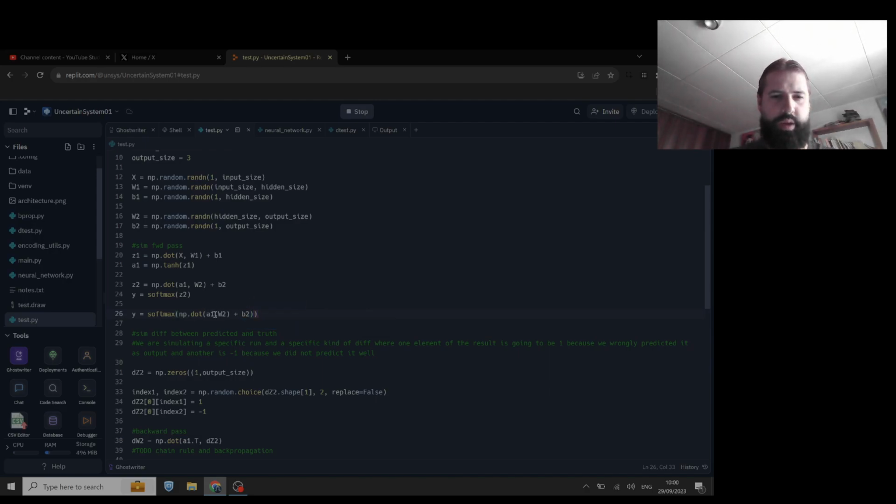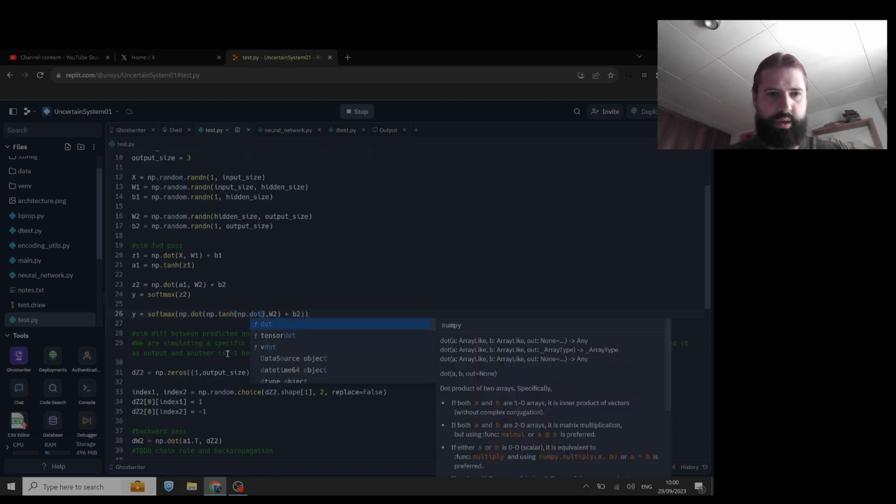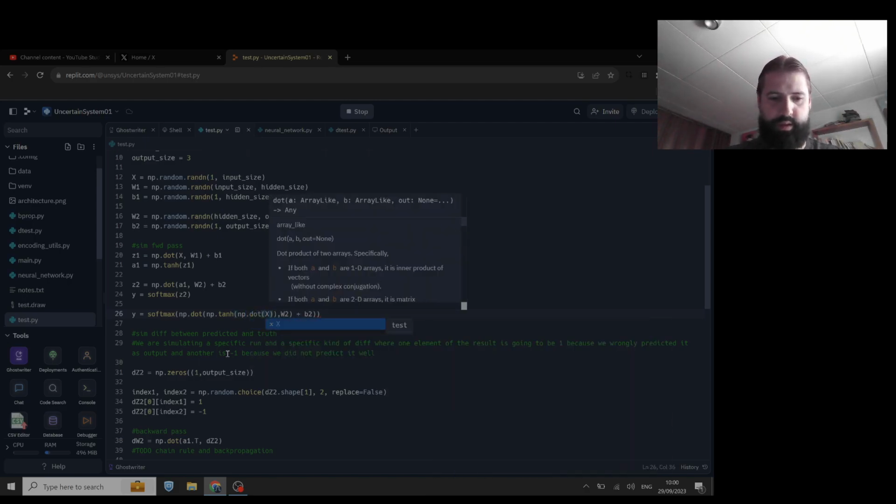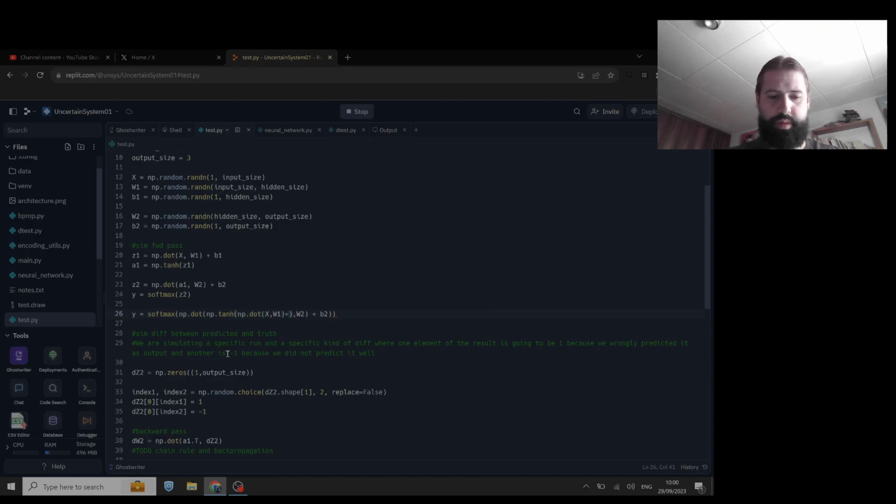And then A1 is the activation function, np.tanh of Z1, and Z1 is in itself np.dot of X and W1, plus B1, right? I'm missing some parentheses probably somewhere.